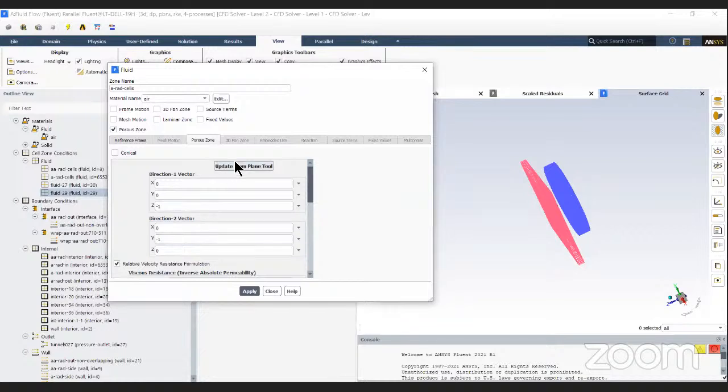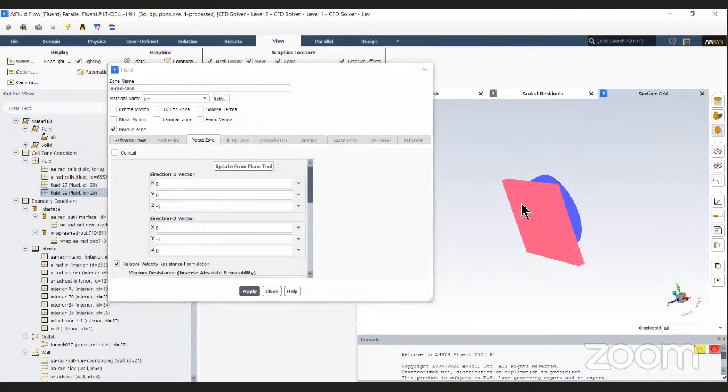You can also use the plane tool to specify these directions. So you could basically create a plane on this surface over here. And then when you click on update from plane tool, Fluent will automatically get the vectors for you. But in this case, it was simple to put it down manually. So I went ahead and did that. So this flow is moving in this direction. So Z is going to be -1.